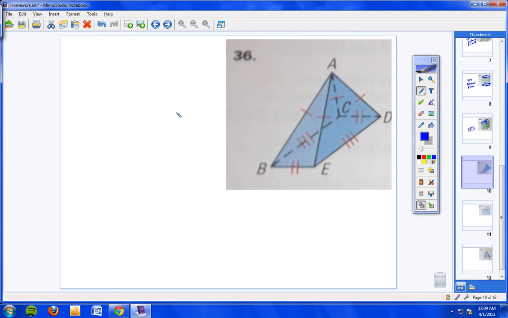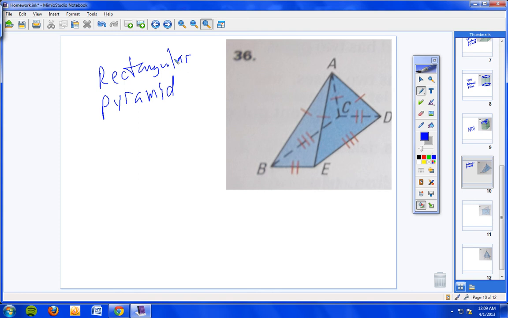Name the polyhedron, then count the number of faces and edges. Okay? So, first of all, this is going to be a pyramid. You see how everything comes to a point. So it's a pyramid. Notice the base. I'm going to highlight the base real quick in blue. The base is a rectangle, so we're going to call this a rectangular pyramid.